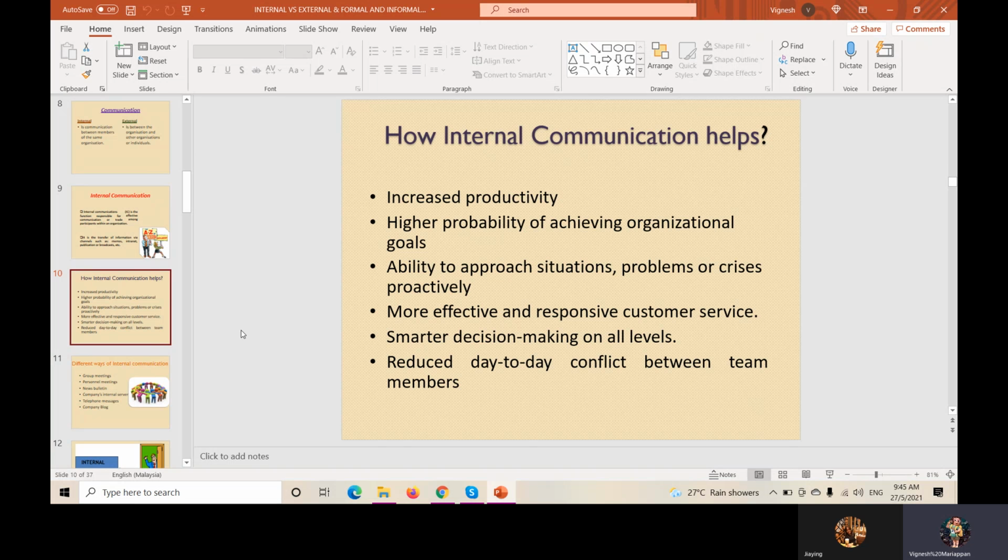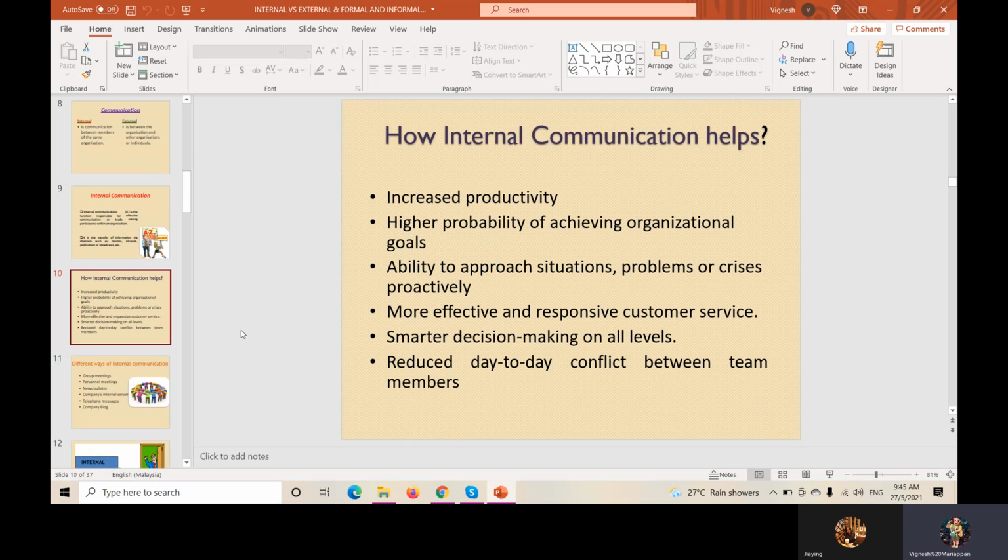Okay, how does this internal communication help in an organization? Usually we take an organization as an example, because your organization is wider, so it's very helpful for you all to understand. Internal means inside.